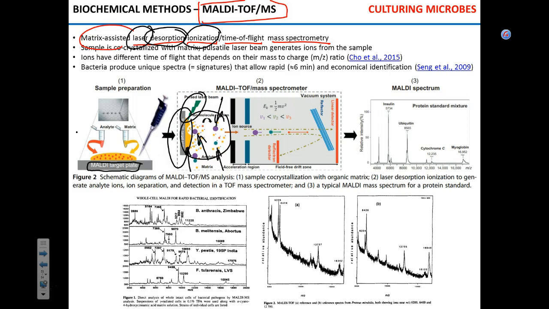Now you have a bunch of ions that have A, different mass, B, different charge. Right? You have all kinds of ions. And they fly into the accelerator, which is basically a giant electrical magnet. Okay?